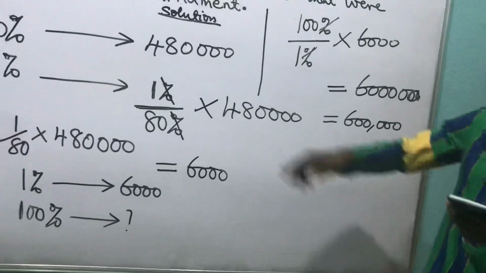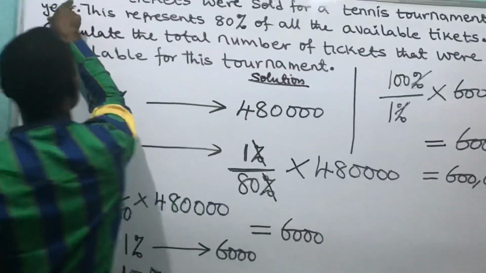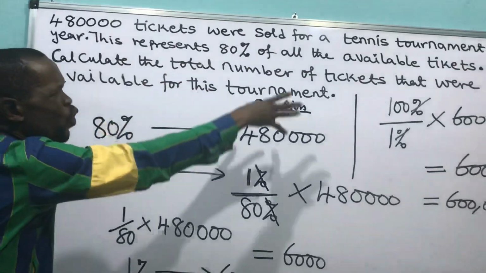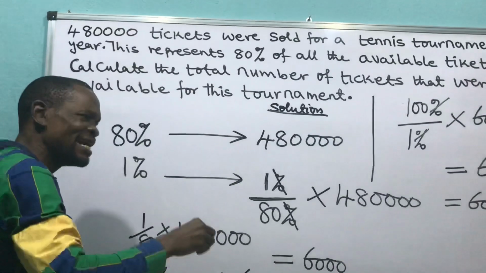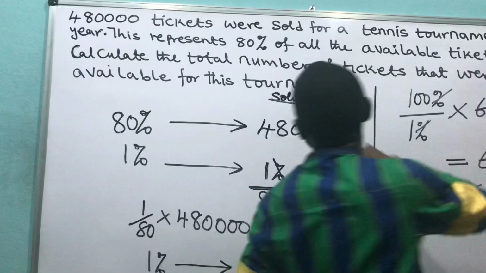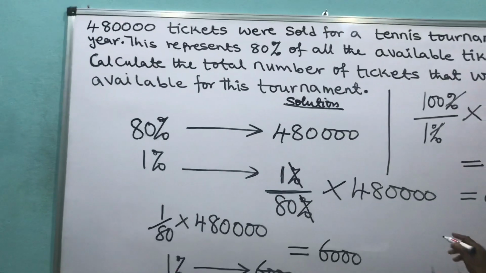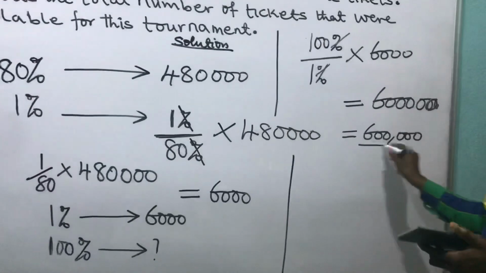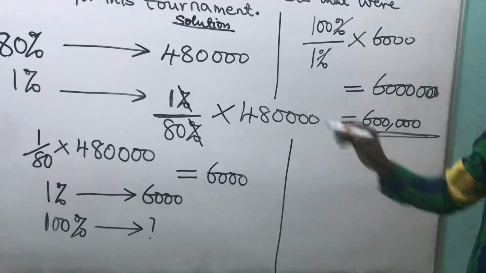Why 80% of it constituted 480,000 tickets sold. So the remaining after 480,000 was sold, if we are asked to calculate the remaining, this is not our answer. This is the answer for the question they asked us.